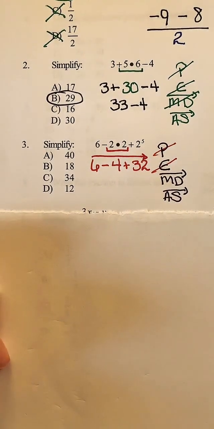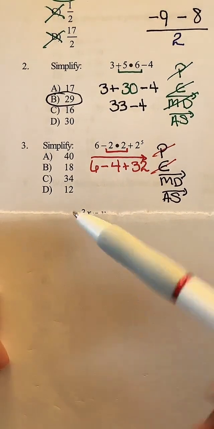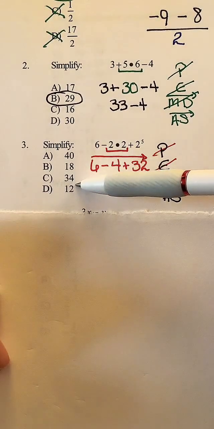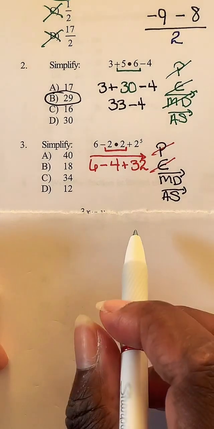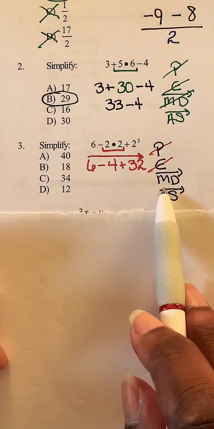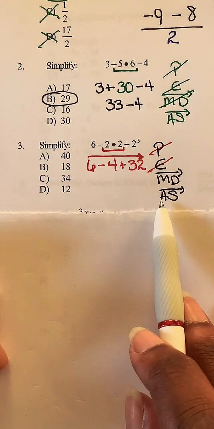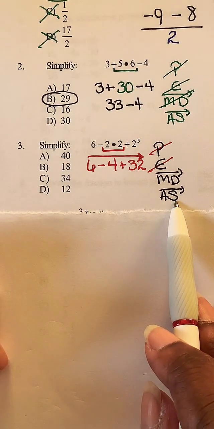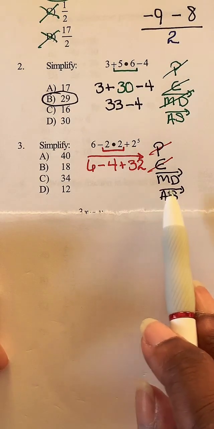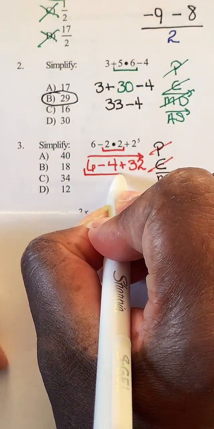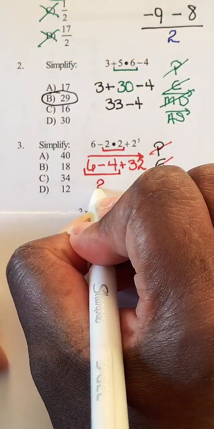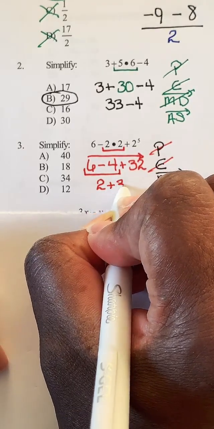Now, I know for sure a lot of people are like, oh, okay, let me take that 4 and the 32 and add them together, and then I get my 6. All right, you do that, okay? But it's supposed to be from left to right. Because if you do it that way, you're going to get a negative answer. Notice your answer choices. None of them are negative.